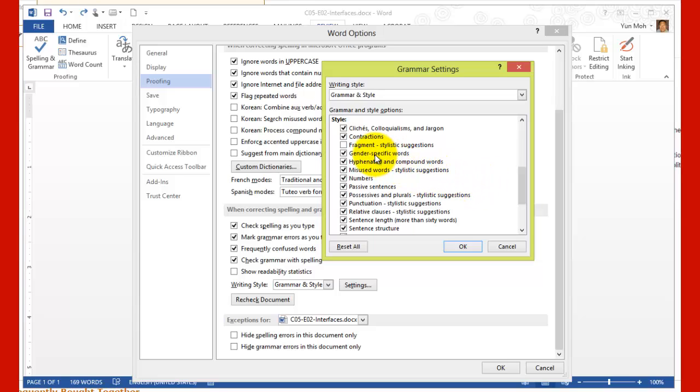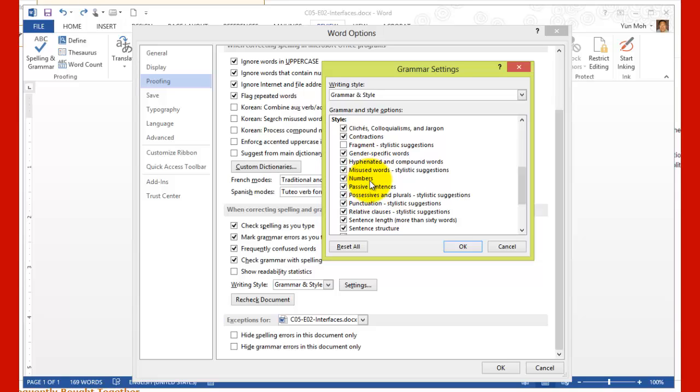Clichés, jargon. Is it okay? Do you want to check it? Or if you use a lot of what they call text messaging terminologies, that will be a style. Do you want to check it or not?